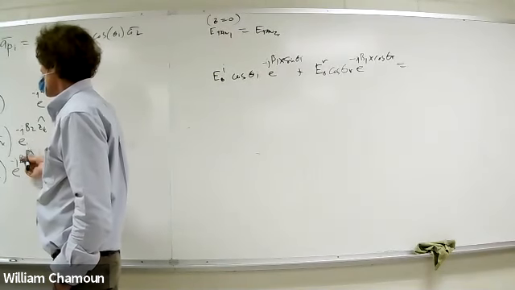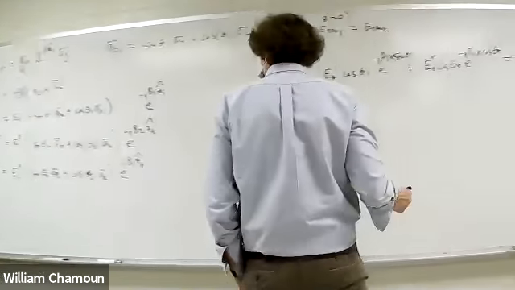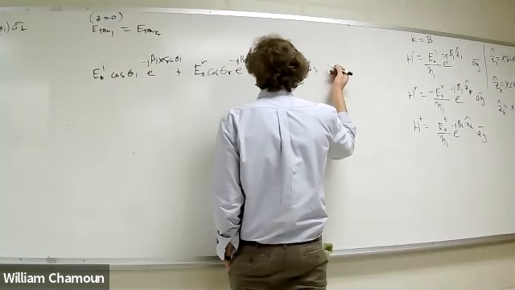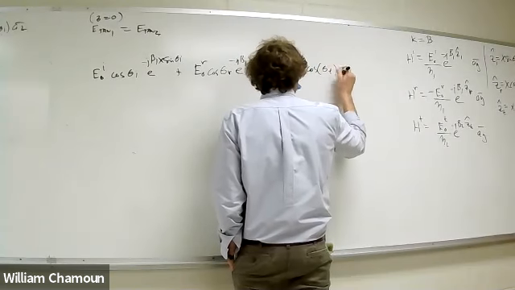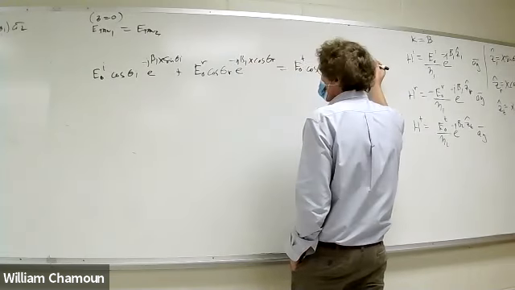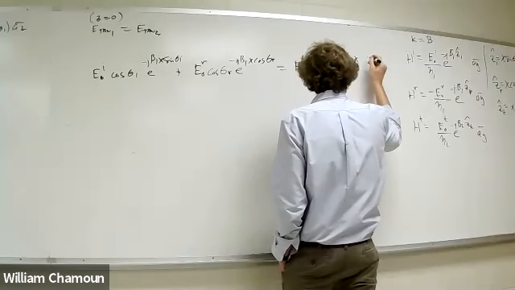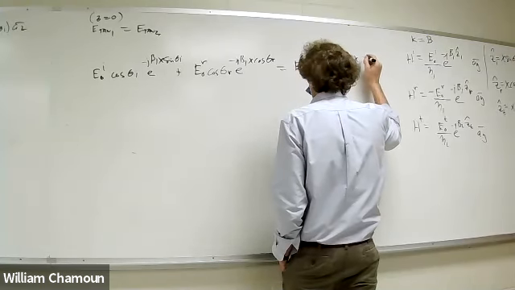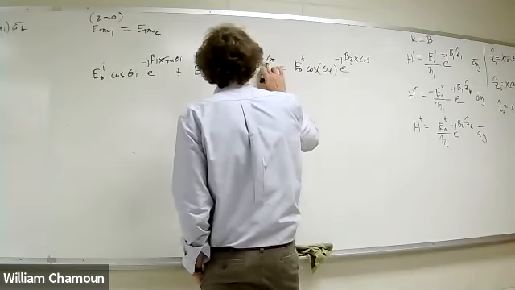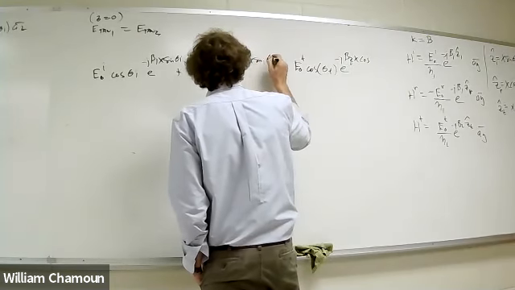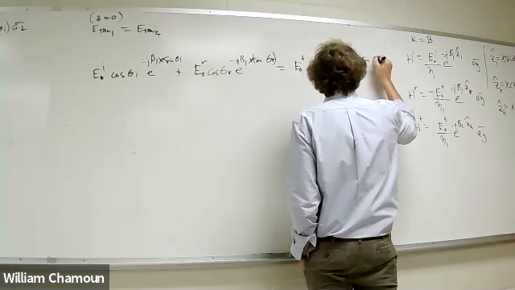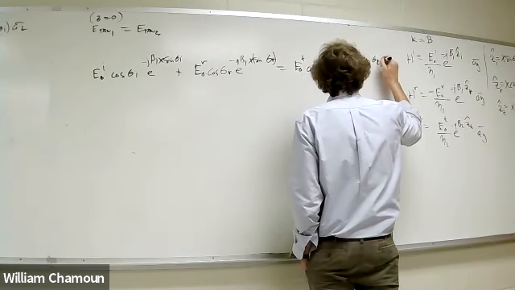So the tangent component of the transmitted field would be E naught transmitted times cosine of theta transmitted times E to the minus J beta 2 times X, times sine of theta transmitted.